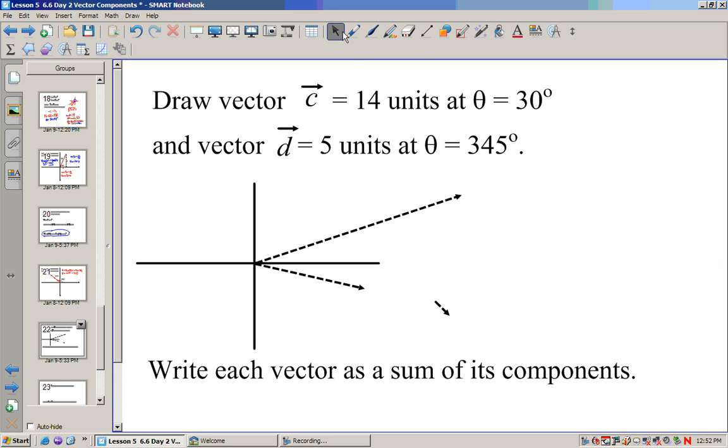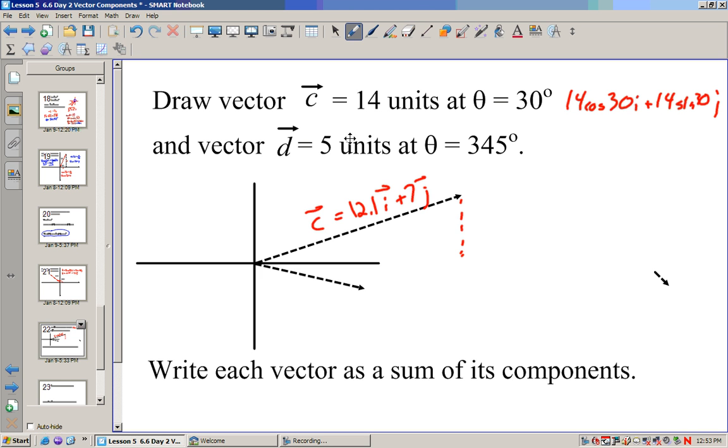Now, if I want to write each vector as a sum of its components, this is vector C. Vector C would be 14 cosine 30i plus 14 sine 30j. 14 cosine 30, that's about 12.1i. 14 sine 30 is 7, plus 7j.